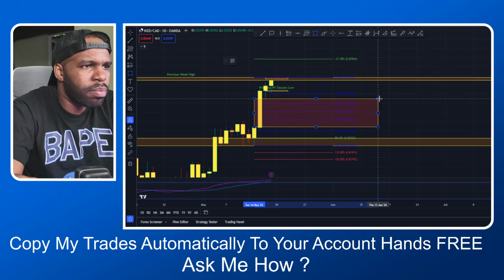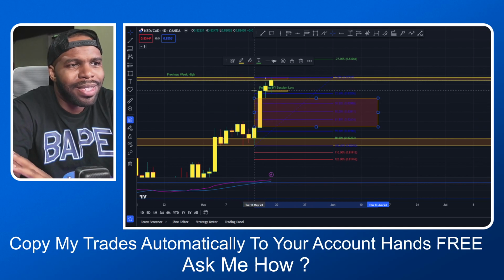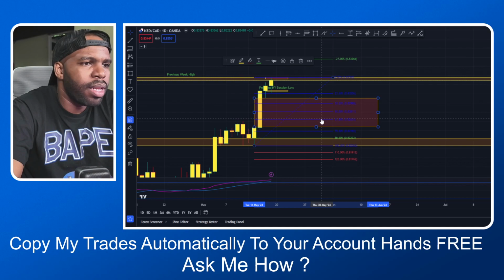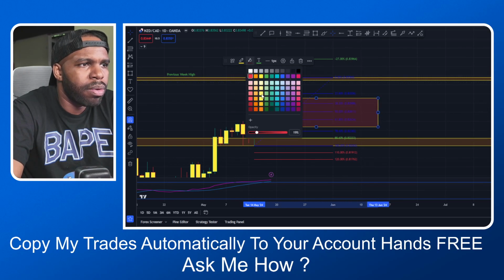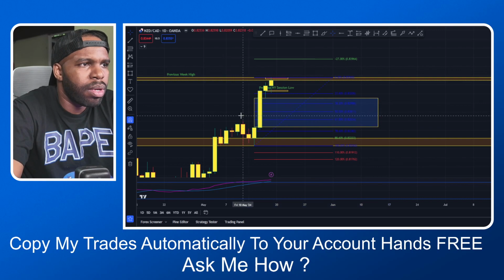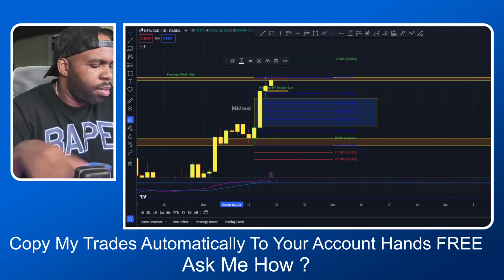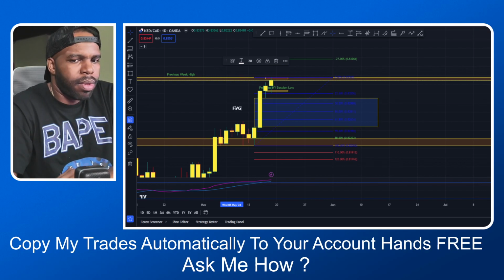This big space means that price could come anywhere in this area. But ideally, I want price to come to the 61.8. Okay? And even better risk reward and better position, either the 78 or the 88.6. Okay? So this is going to be my fair value gap here. Or just name it blue. We can name it fair value gap.